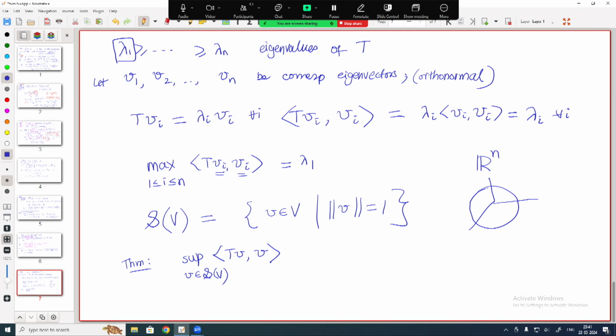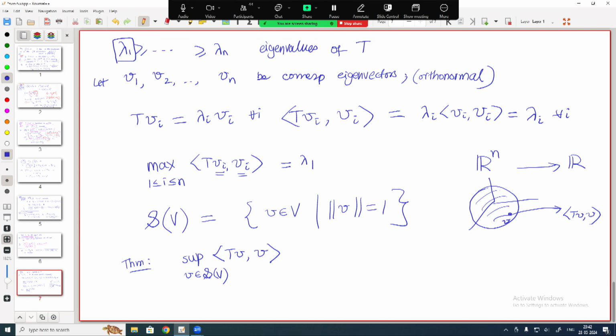What I am doing is defining a function on this unit sphere, let us imagine my field is R for now. For every point V on the unit sphere I map it to the number Tv comma V, some real number. The first thing to prove is that Tv comma V is a real number, so we will prove it along the way. So it is a real valued function on the unit sphere. The unit sphere is a compact set.